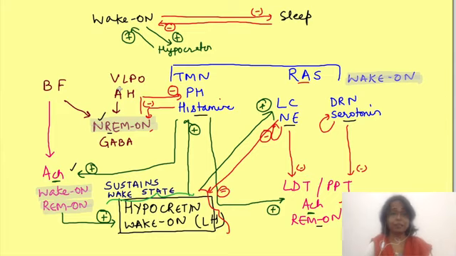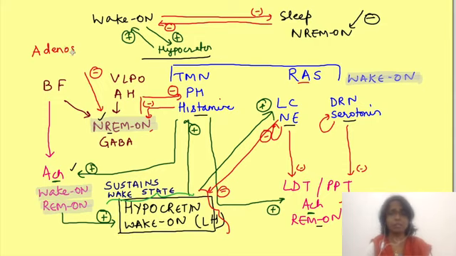Now the second one: even these NREM neurons can be made more powerful. Actually, like this, a separate control is working for wake-on neurons, and a separate control is also working for these NREM neurons. These neurons are kept inhibited by other neurons also. Now, adenosine, a metabolite, accumulates in wakefulness due to increased brain activity, especially in the basal forebrain.